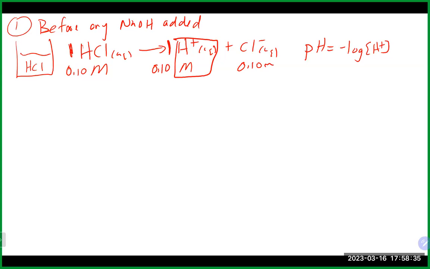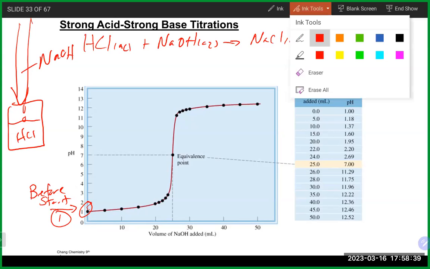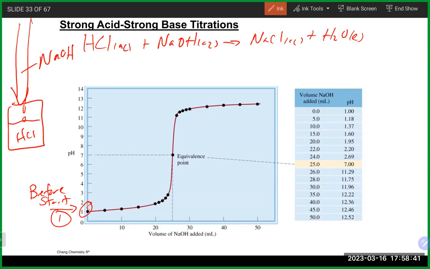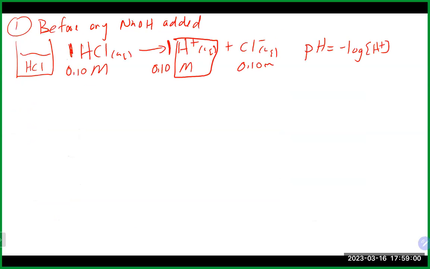So let's talk then about what happens as we actually do start to add some solution to it. From the very first drop of solution all the way up to right before the equivalence point, we'll call that the second part of the titration. In this case, a reaction is going to occur, and we will have to look at that reaction.